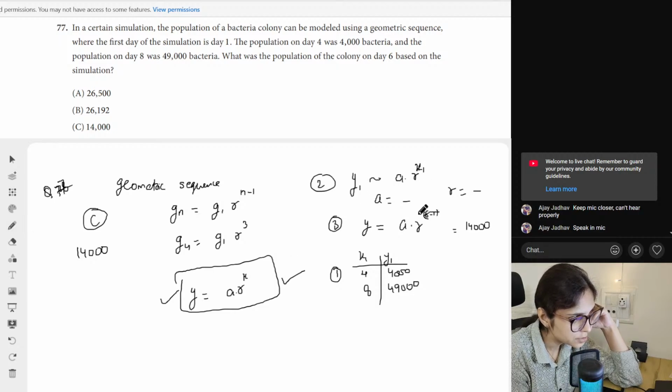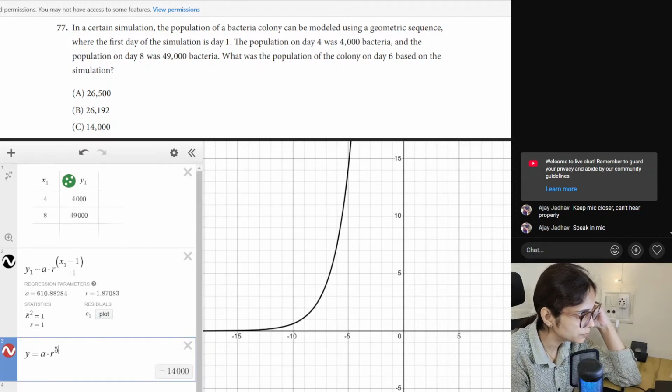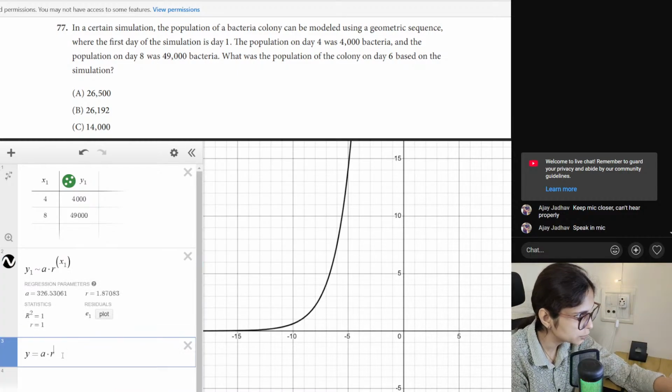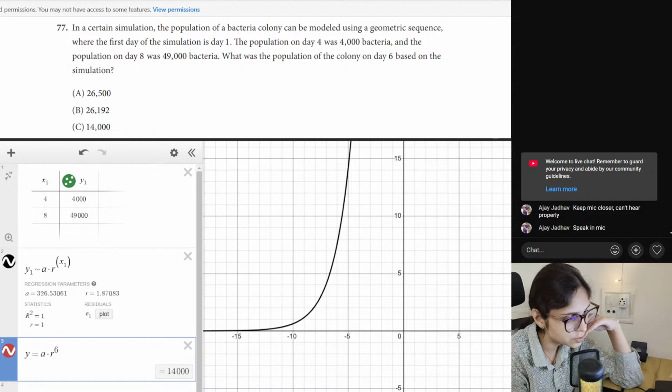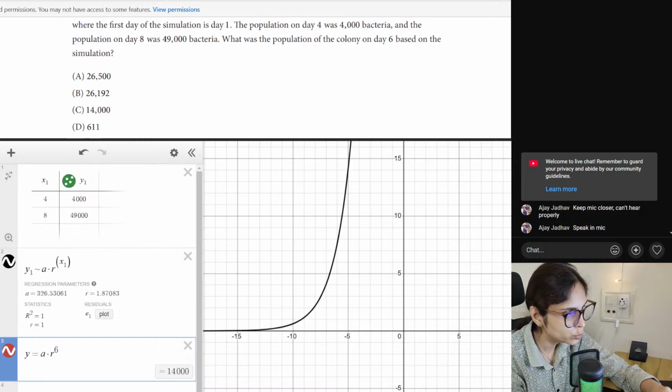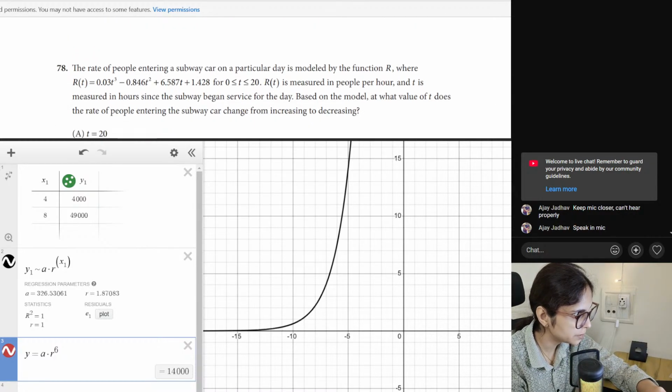Then instead of doing 6 minus 1, you'll just have to do a r to the power 6. You'll still get 14,000. That's what I'm talking about. Now moving to the next question, question number 78.